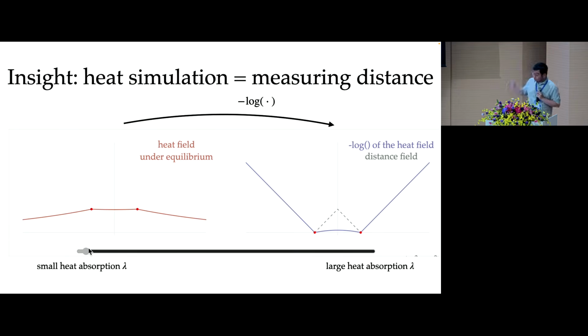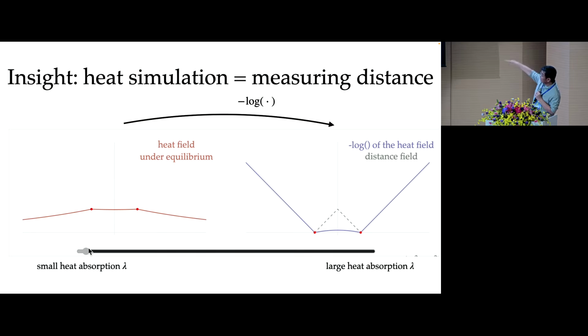On the left, we have a heat field where the 2 red points we want to have heat of 1. That's the boundary condition. This heat field has some absorption coefficient lambda. When it's small, the absorption isn't too large, and when lambda is very large, it will absorb a lot of heat. Then on the right, we take the log of the heat field, and flip it by taking the negative of that, and we get the blue curve.